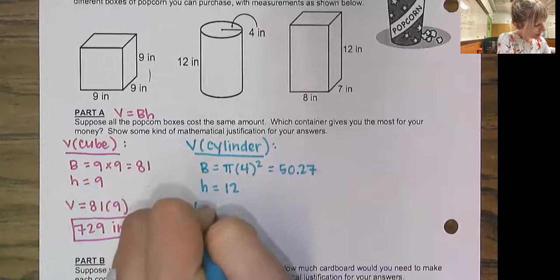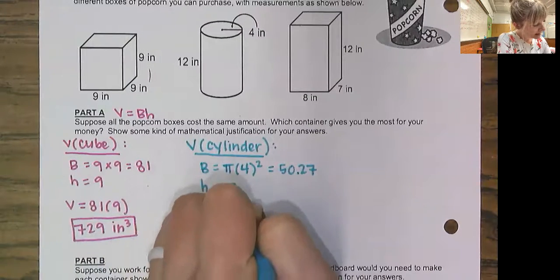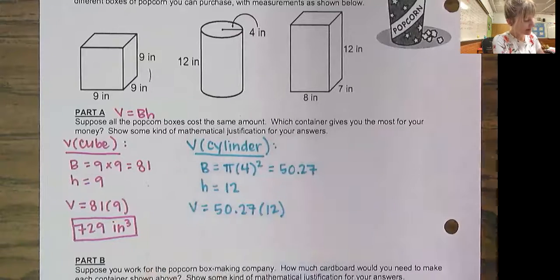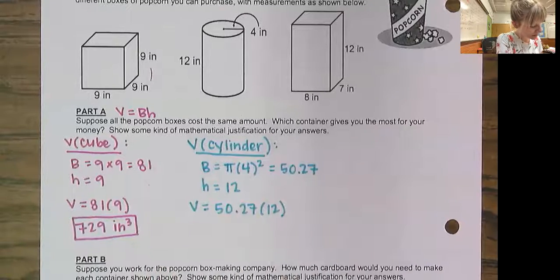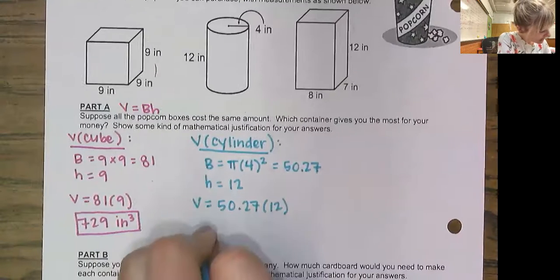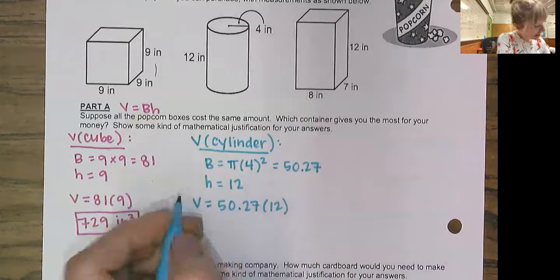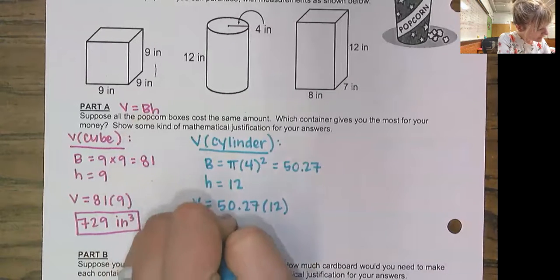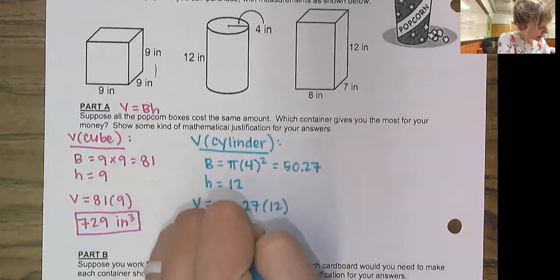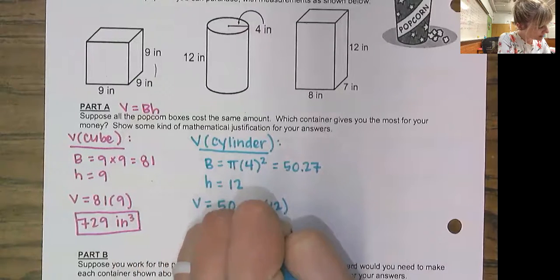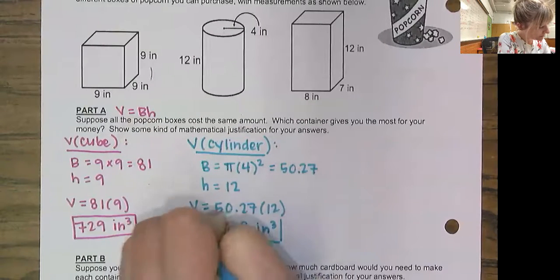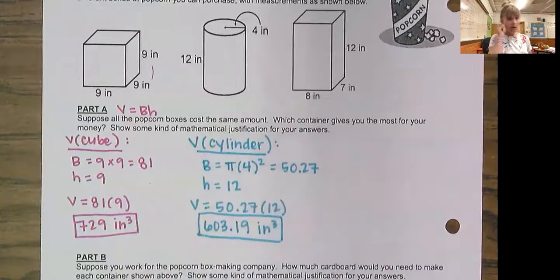So now the volume is area of the base times the height. And I still have this big long decimal sitting here, so I'm just going to do times 12. That means if you buy the cylindrical popcorn container, the volume is 603.19 cubic inches. Okay, that's how much popcorn it will hold.